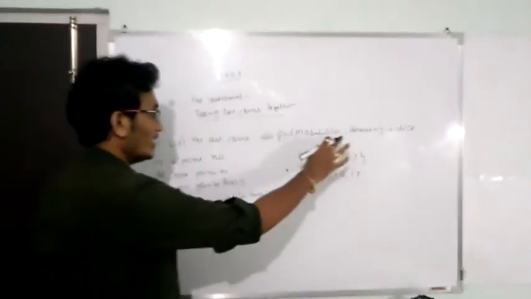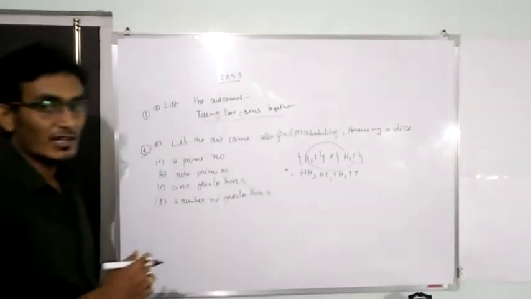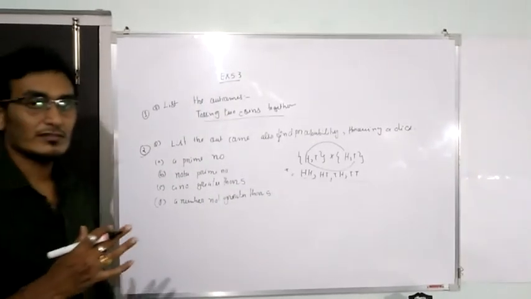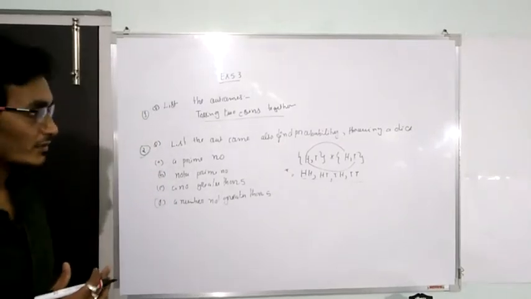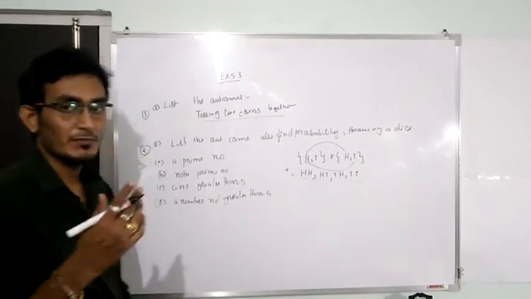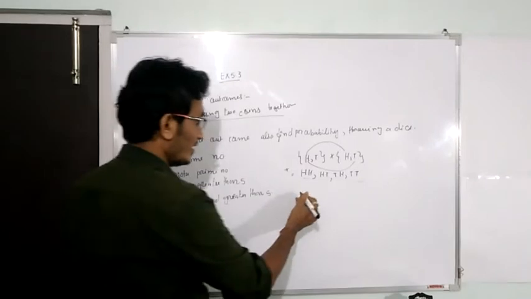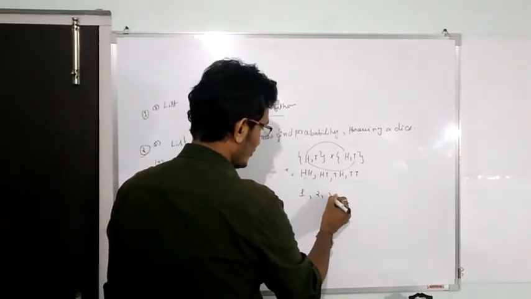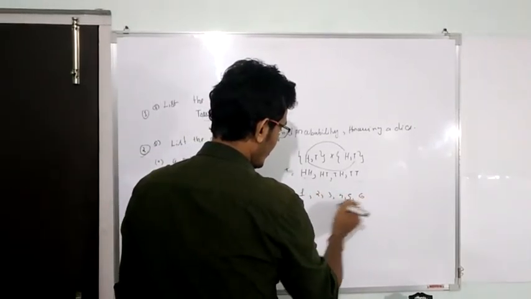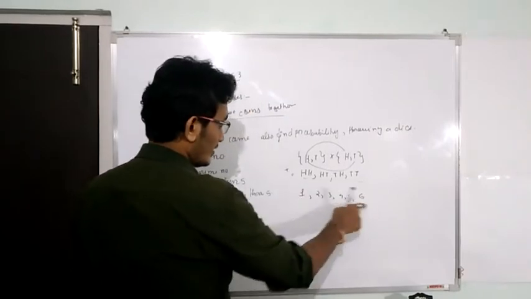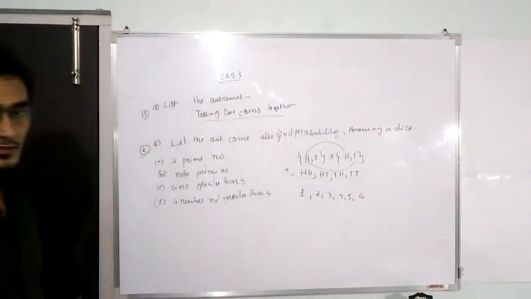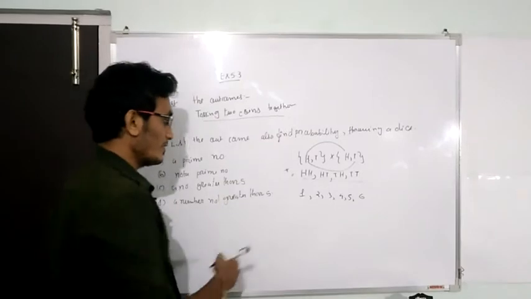Now in tossing a dice, we know that in a die there are 6 spaces, and all the 6 spaces have some particular number. Basically in a die there are 6 numbers. These are the 6 numbers, one in each face.